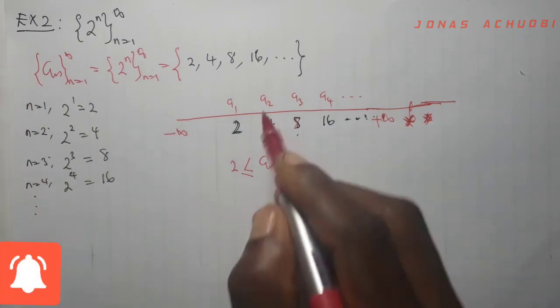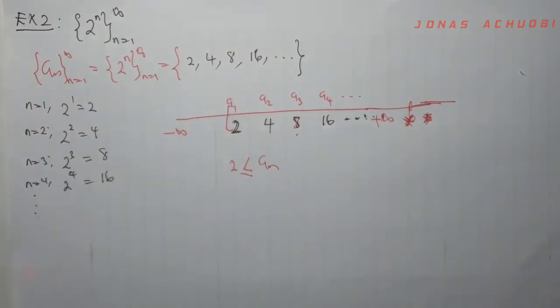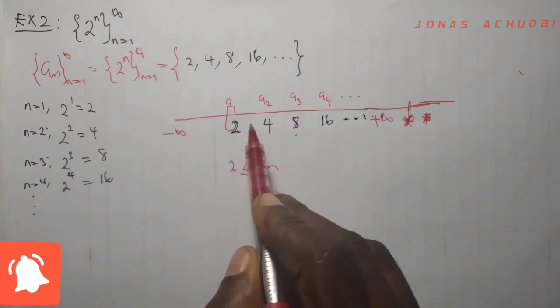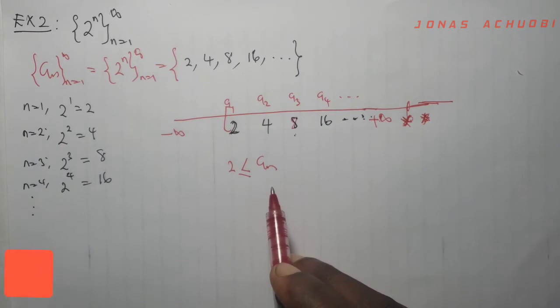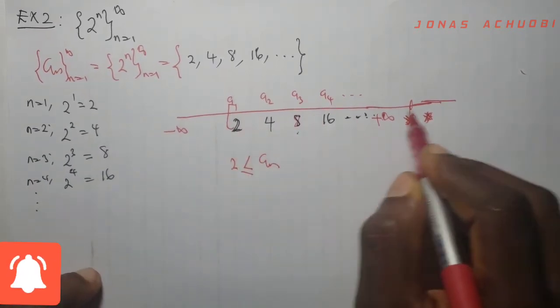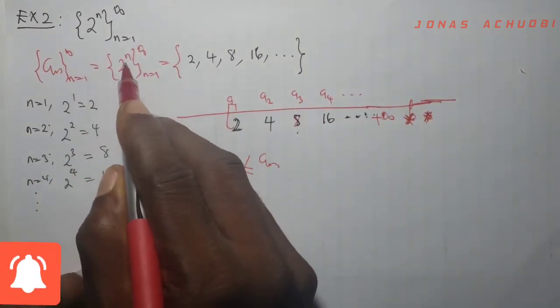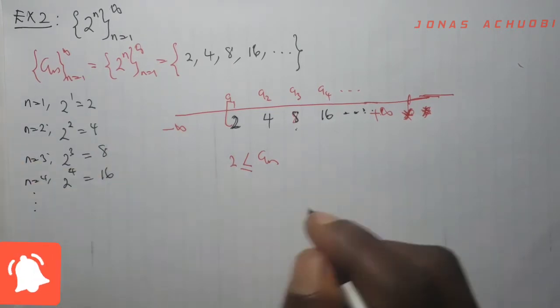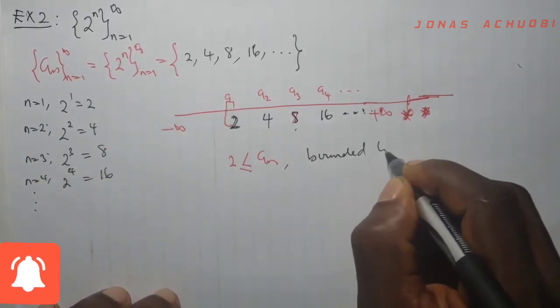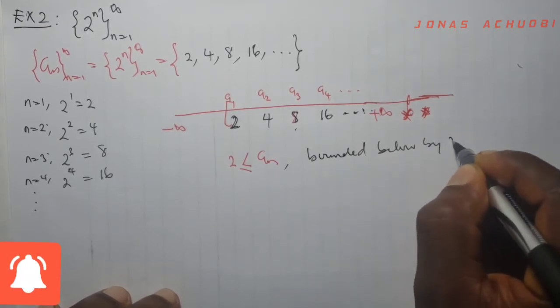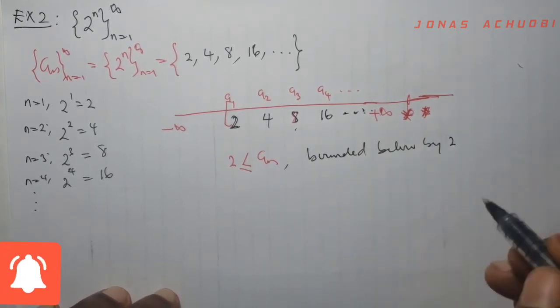That simply means that 2 must be our candidate for lower bound, because 2 is less than every other term of the sequence, and of course 2 is equal to itself. So we now say that this sequence here, a_n equal to 2 raised to the power n, is bounded below by what? By 2, and not bounded above.